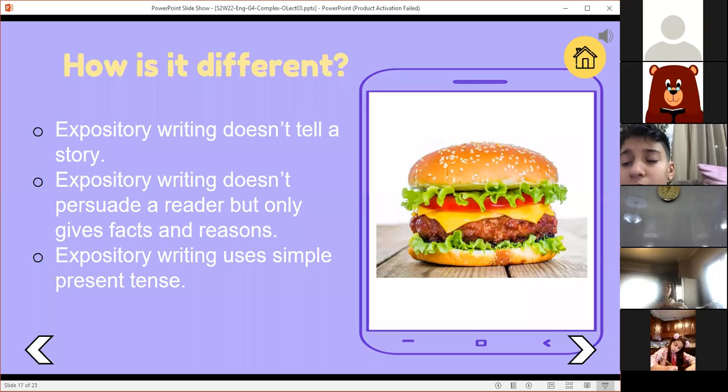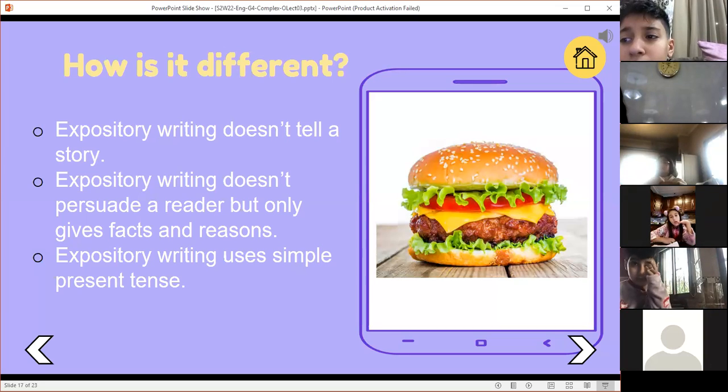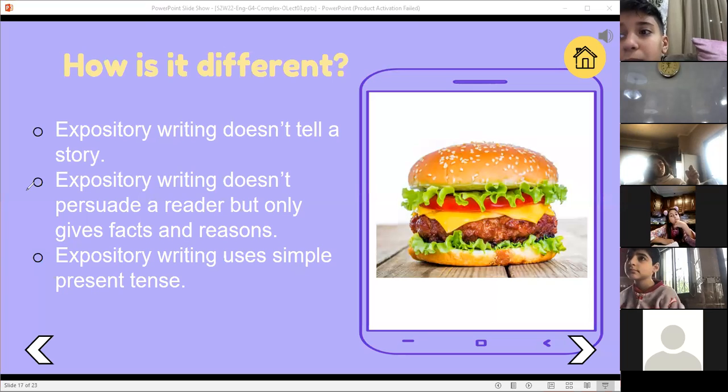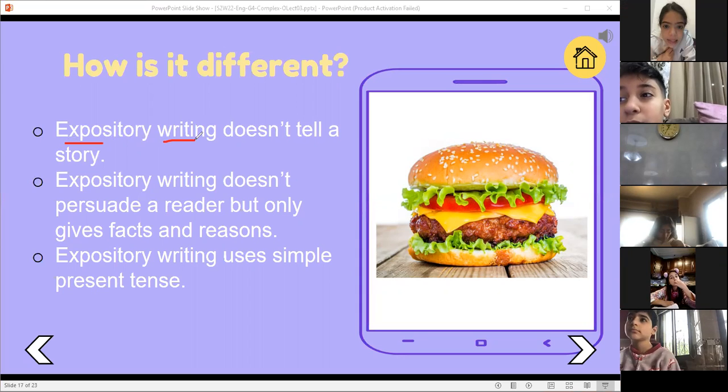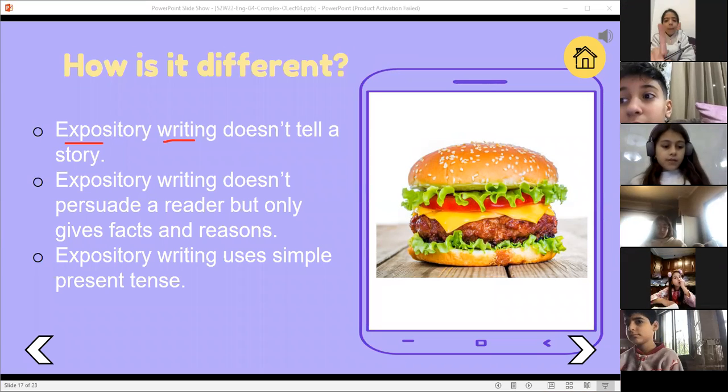Now let's see what's the difference. Let me have Ghadir. What's the difference between a narrative, which is when you tell a story, and an expository writing?